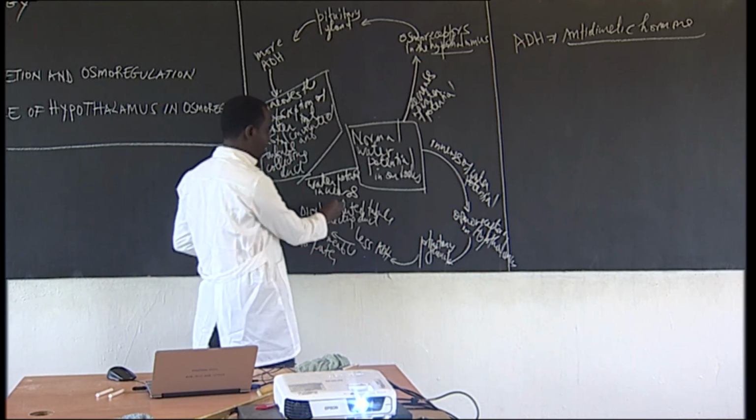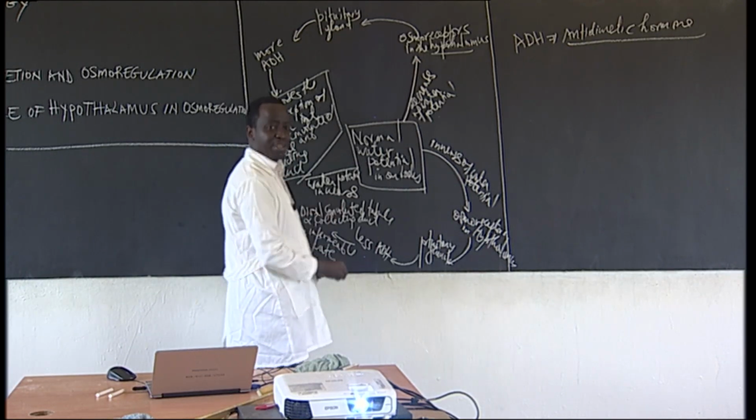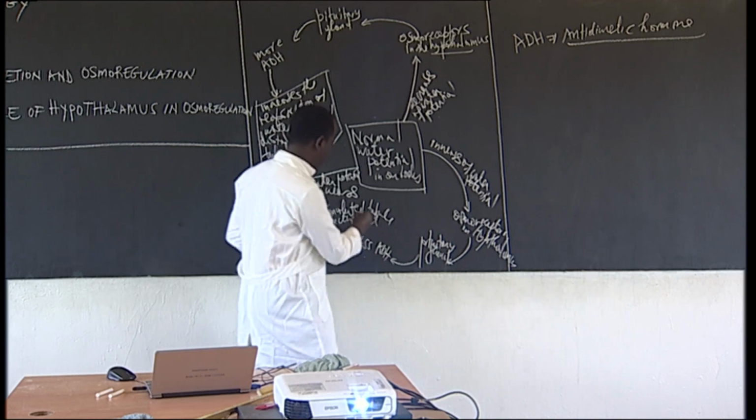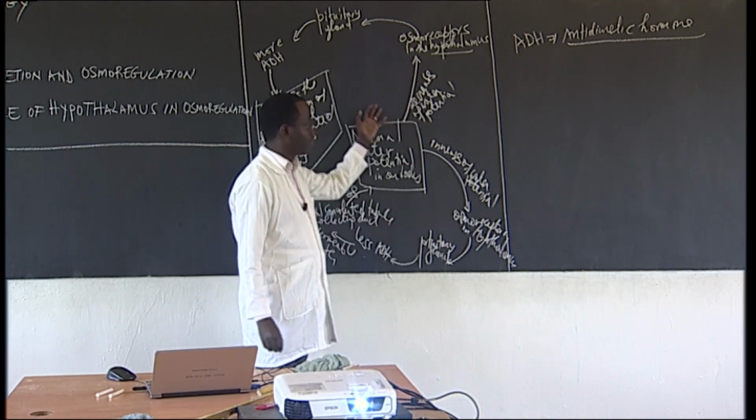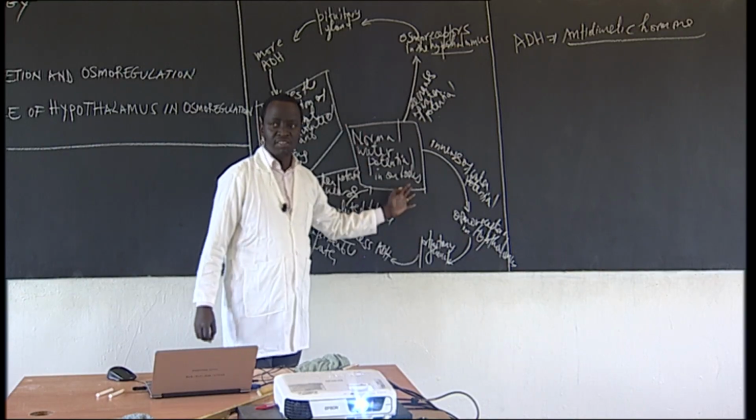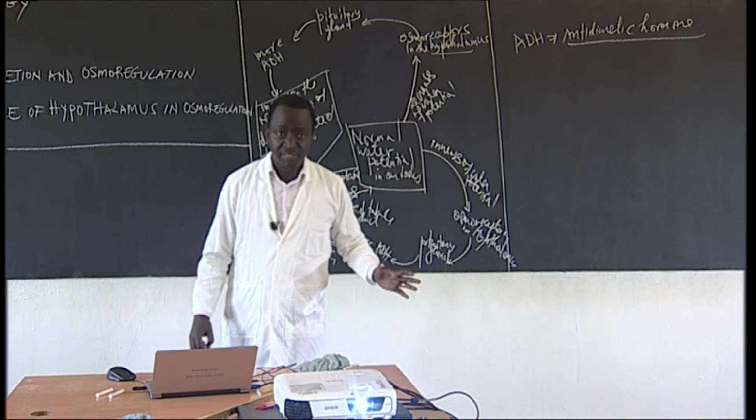If water will not pass, it's going now to be excreted in the what? In the urine. Then we get what? We get the diluted urine. Here it is concentrated urine. So now this is how water can be balanced.